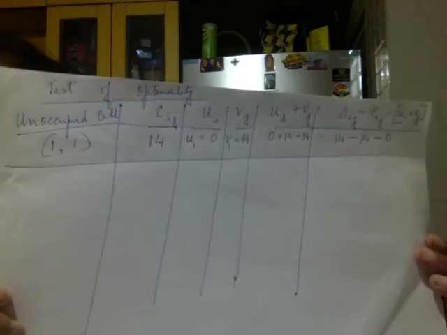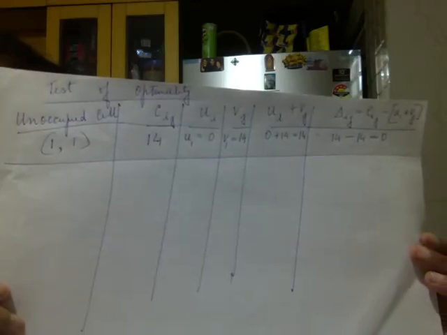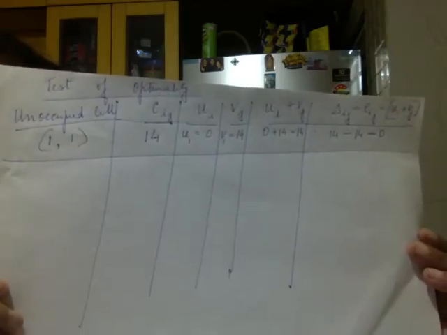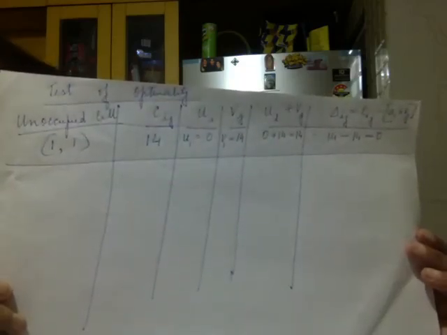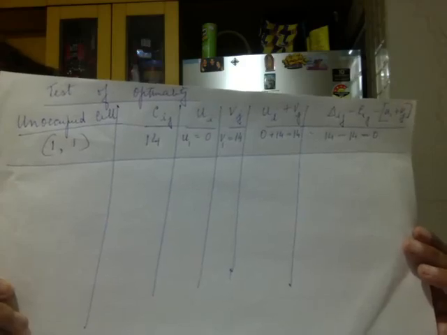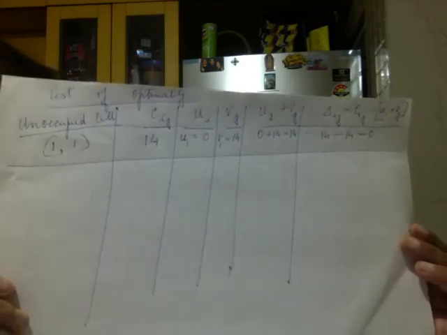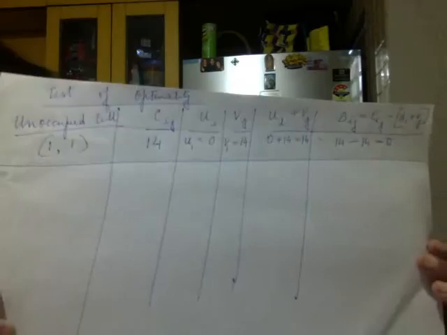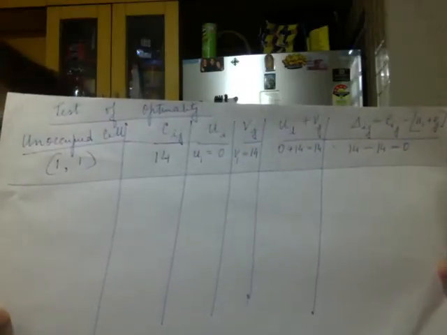In the least cost method, the unoccupied cell is 1, 1. In that cell, the cost was 14. u1 is 0 according to what we assumed, and v1 we found out as 14.